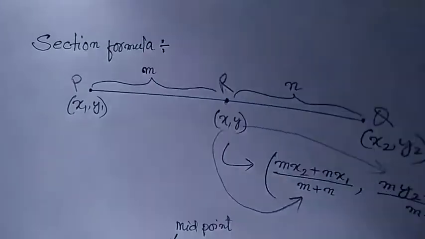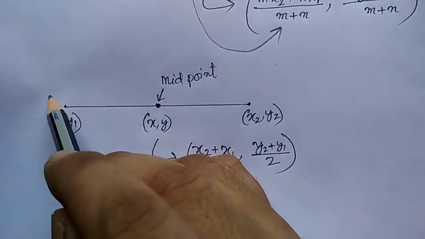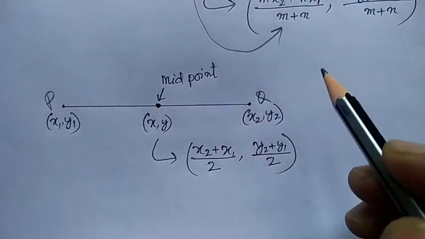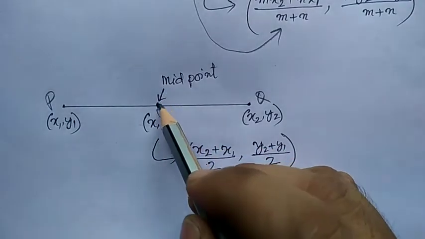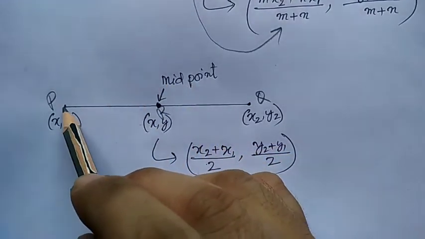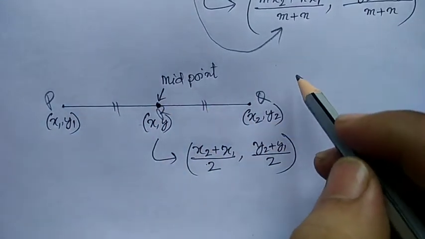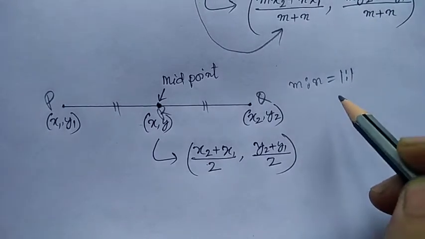And one of the deductions of this formula is, now let's say we have the same line segment PQ, and here point R is now the midpoint. Here midpoint means the length from P to R is equal to R to Q. That means the ratio m:n is equal to 1:1.